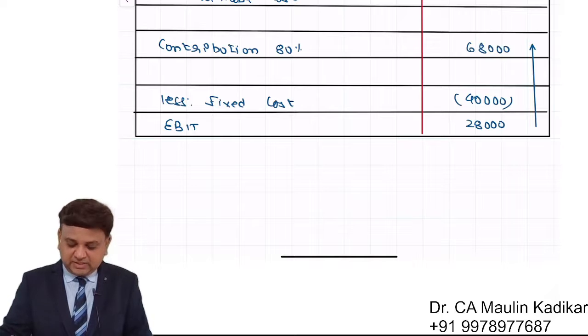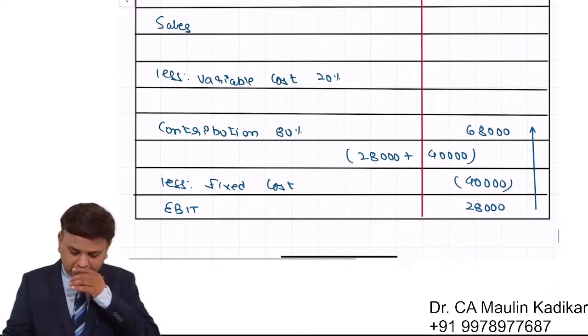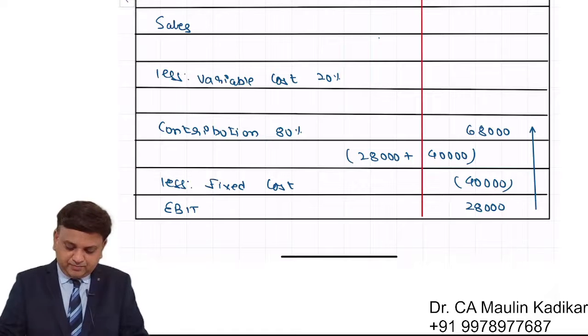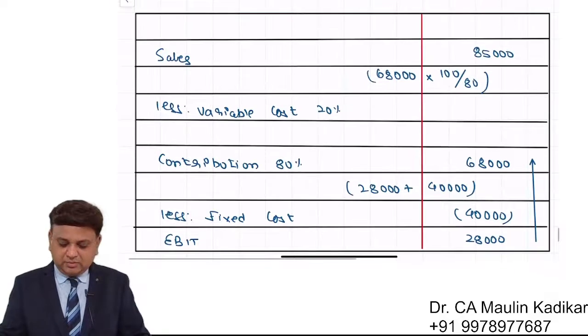How is 68,000 calculated? 28,000 plus 40,000. Contribution to sales ratio is 80%. So sales is 68,000 into 100 upon 80. The answer is 85,000.